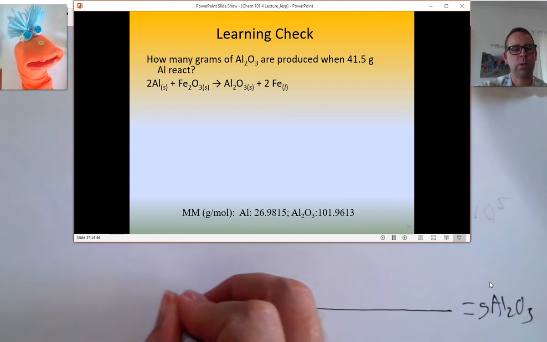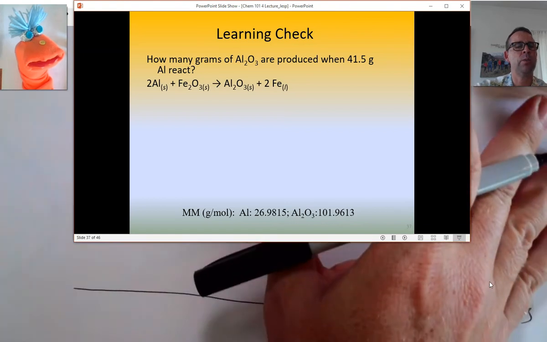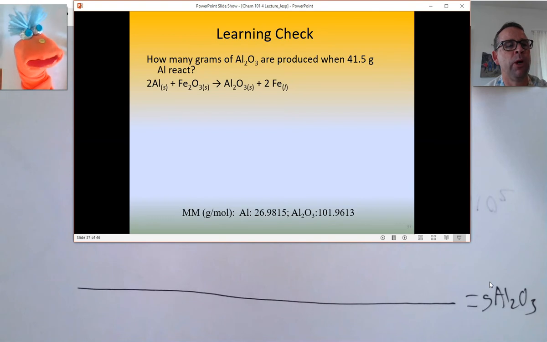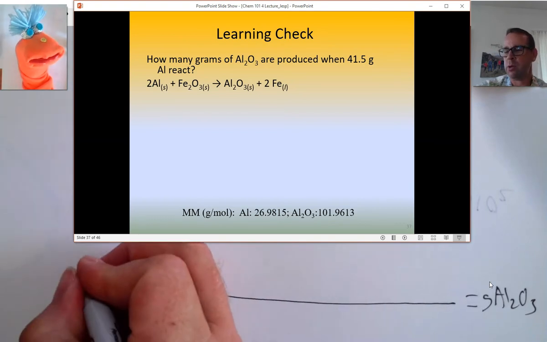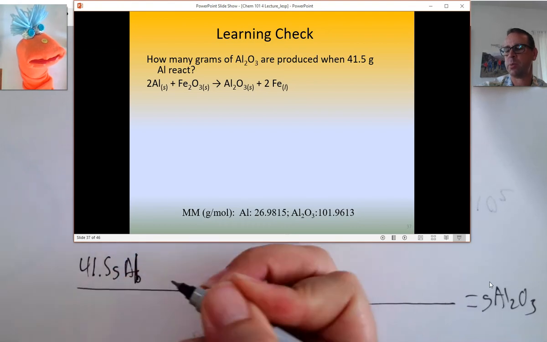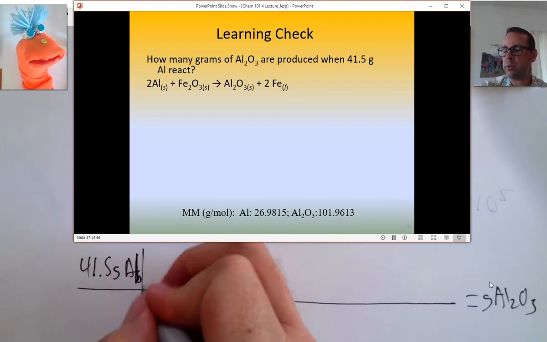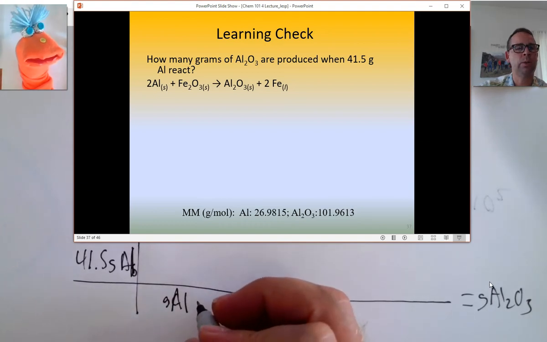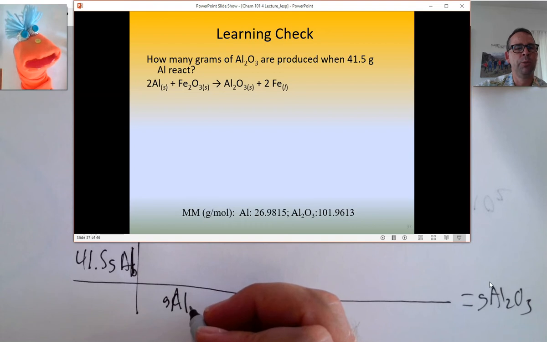Very good. Now, what am I going to start with? They'll just say 41.5 grams of aluminum. Okay, 41.5 grams of aluminum. And I can go from grams of aluminum to, where do I want to go? Grams of aluminum oxide?